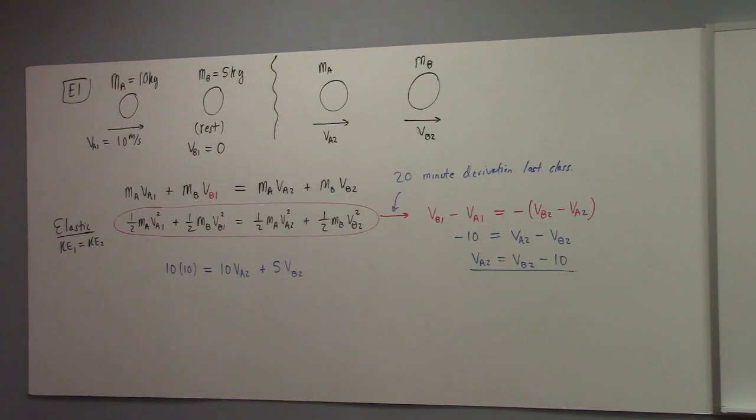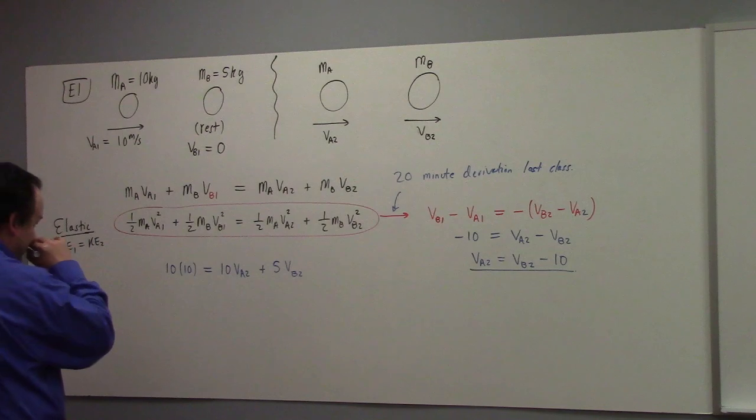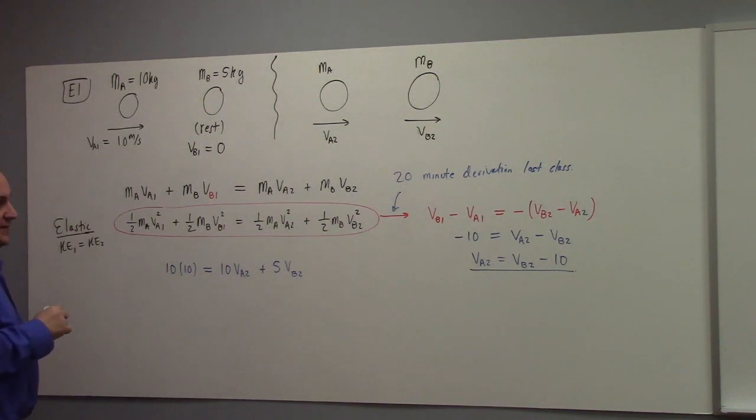We worked this out last class. It took me considerable effort. If for an elastic collision, the relative velocity before is equal to minus the relative velocity afterwards, it is not obvious. You're not missing some algebra trick there. It's literally a full board of algebra.